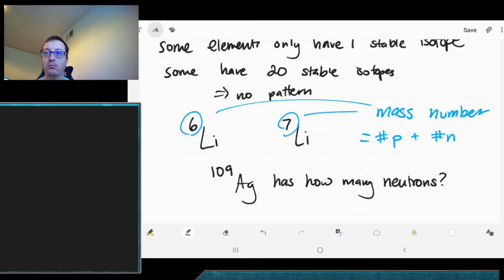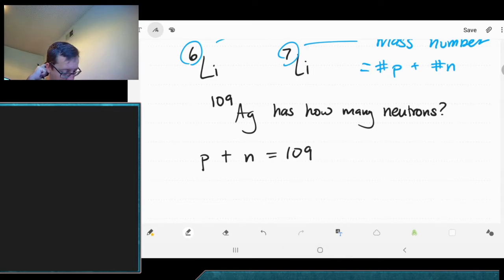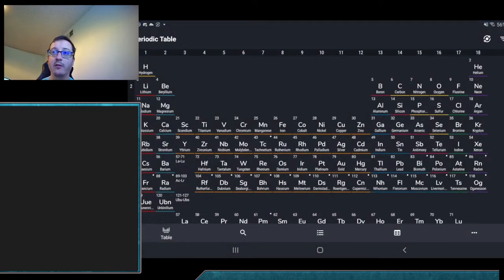Well, it's a good question. We know that the number of protons plus the number of neutrons is 109. We have 2 variables here. Do we know the number of protons in silver? Well, remember, a number of protons is the same for every element, and it's right here on the periodic table. We just have to find it.